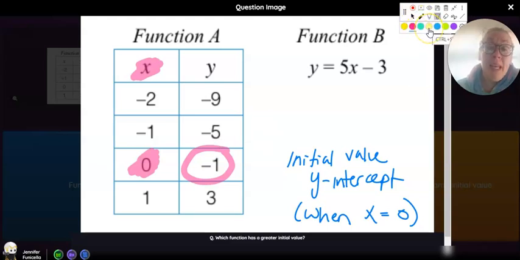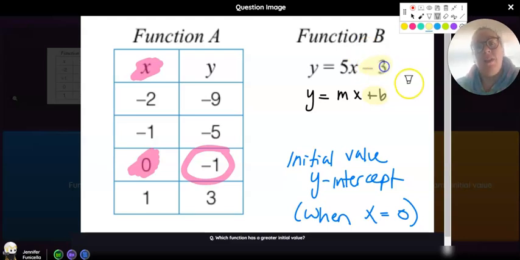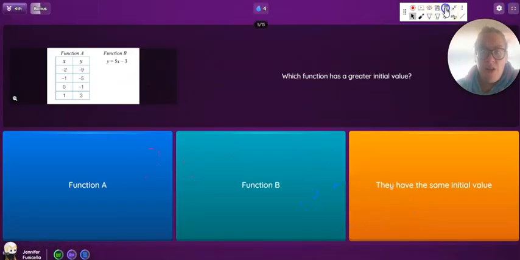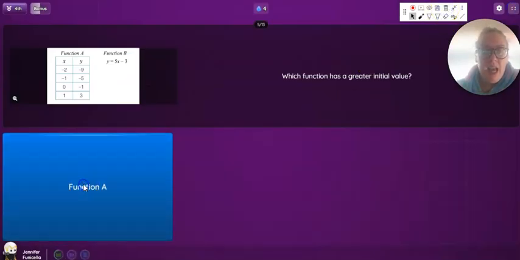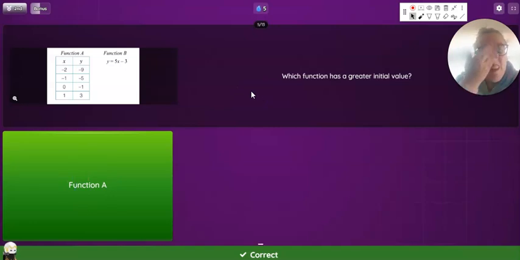For function B, our y-intercept, this is in slope-intercept form, which is y equals mx plus b, right? And whatever your b value is your y-intercept, so we have a -3. So function A is -1, function B is -3, so that means function A's initial value is greater. So that's going to be function A for question 5.